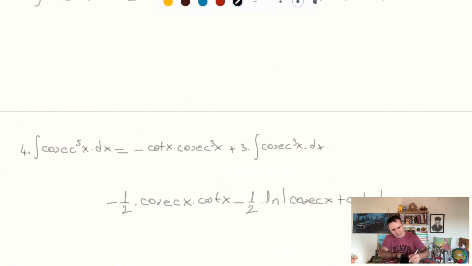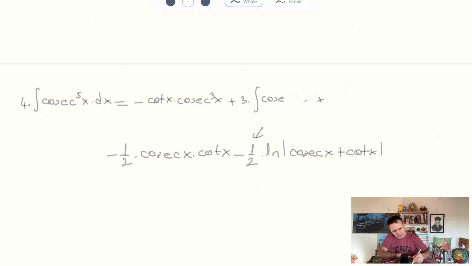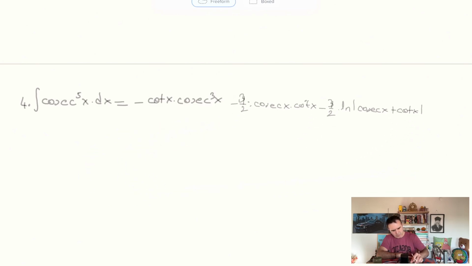Then we will write this, and since we have 3 here, then let's say that 3 over 2, minus 3 over 2 times here.